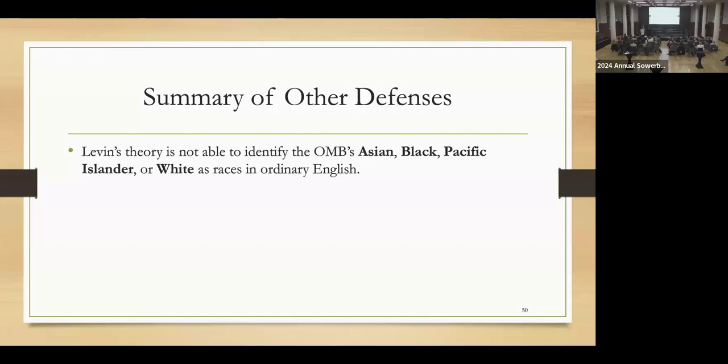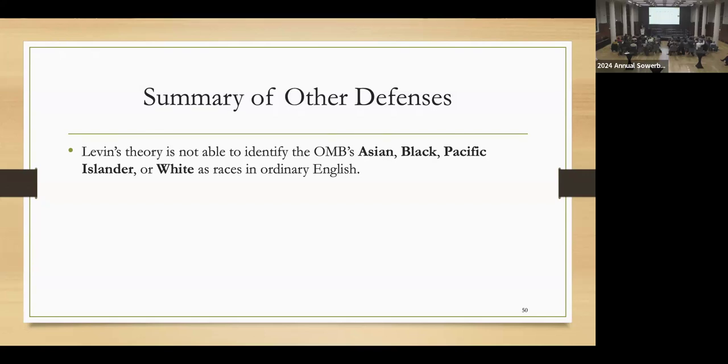Okay, so a little snapshot of what's going on with the other defenses. Michael Levin has kind of a joint descriptivist referentialist account of what race is in ordinary English. Given what the referential content's supposed to be, it's kind of a strict biological category.